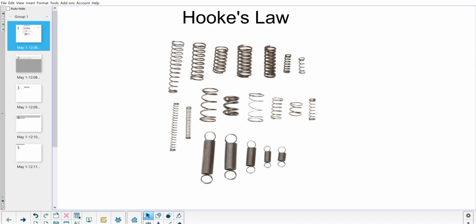This is just the natural length of the spring before any force is applied, whether that be pushing or pulling on the spring.